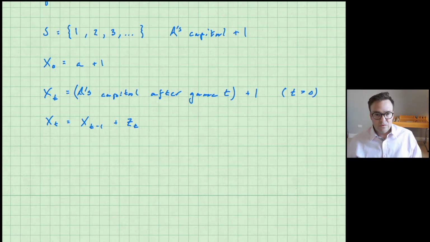The condition at time 0 is just that x is a plus 1.